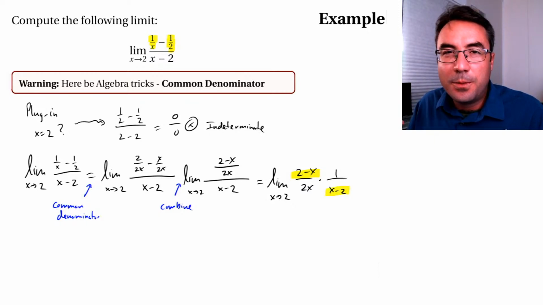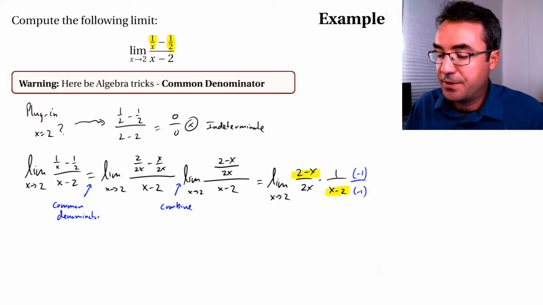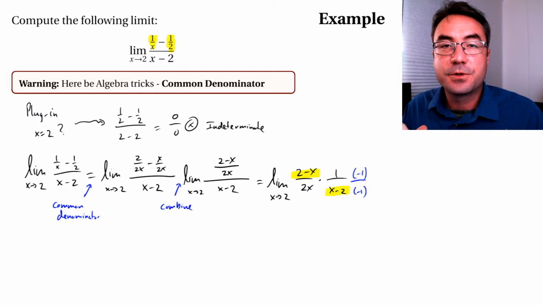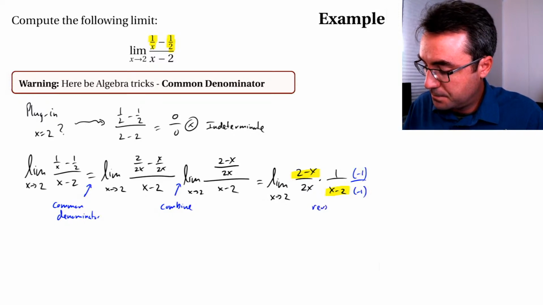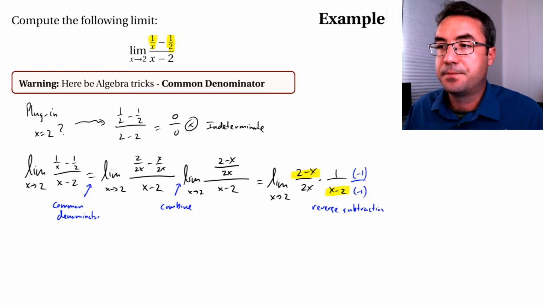So those are almost there. We can almost cancel those off, but not quite. So to finish it off so that they're exactly the same, we're going to just reverse the order of the subtraction. And the way we can do that is just by multiplying by a -1.